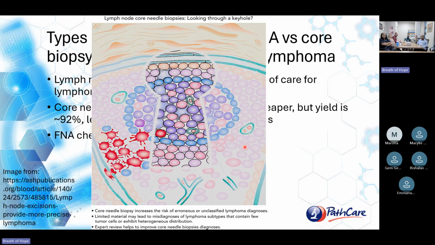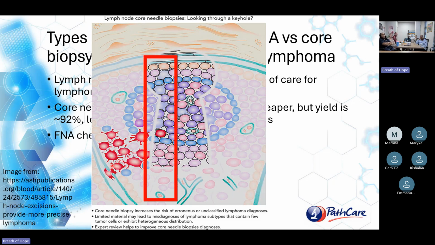Is it predominantly in the mantle zone, in the follicular zone, in the paracortical areas? Is it diffuse? So if you do a core biopsy, you're gambling that you are going to take enough malignant cells that you can say there's malignancy, and that you've got enough architecture in the area that you biopsy to say what type of lymphoma it is.